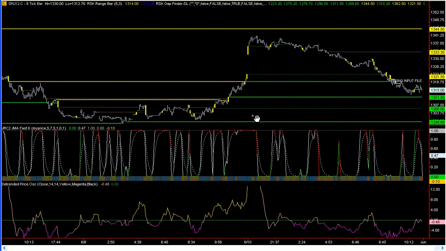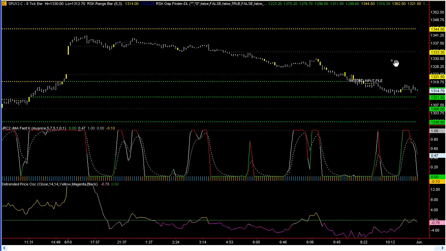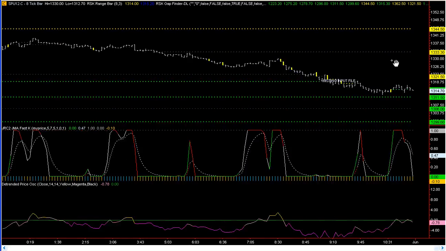In addition to that, I've also plotted out gaps in the large contract. And I'm also plotting range bars.